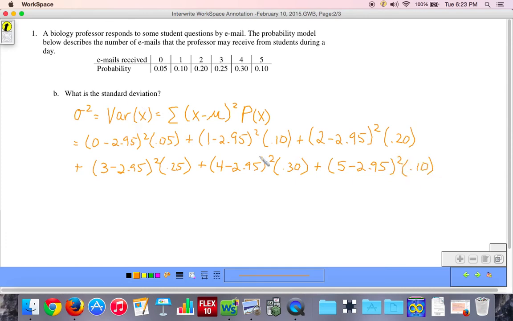And again, it's a simple calculator calculation, and you should get that our variance is equal to 1.74 emails per day.